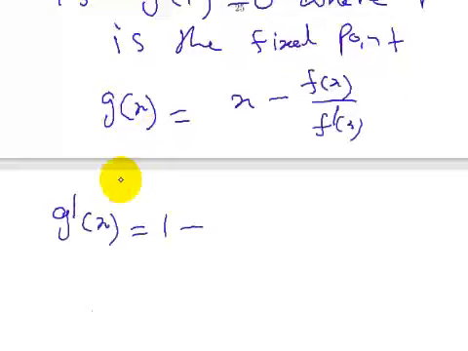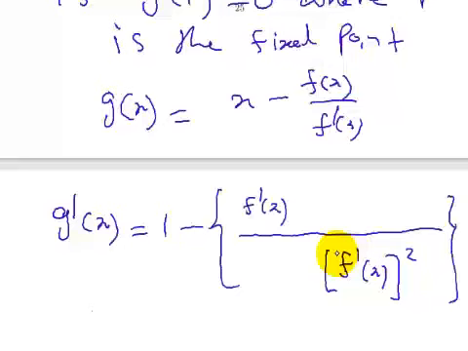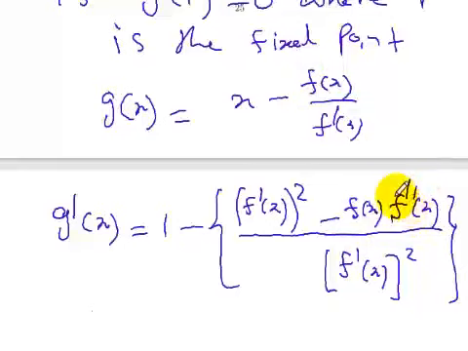It is 1 minus, and we have to use the quotient rule to get the derivative: f prime of x times f prime of x, minus f of x times f double prime of x, all over f prime of x squared.